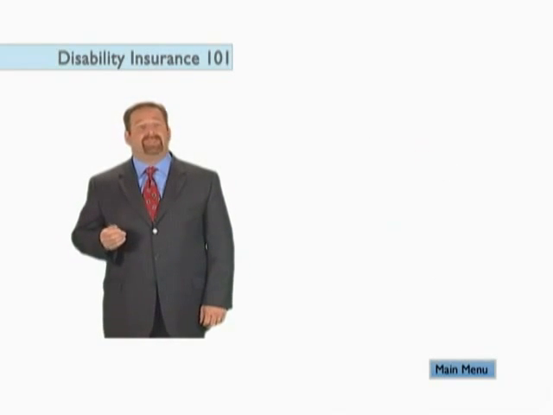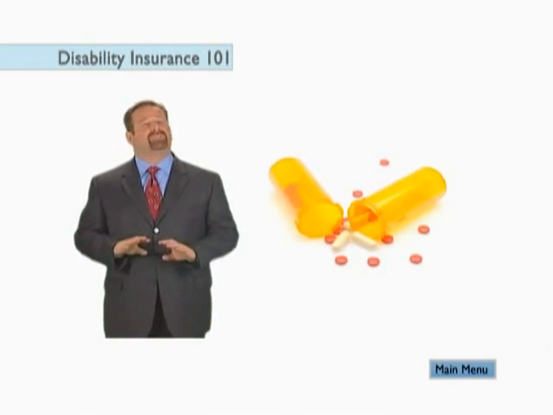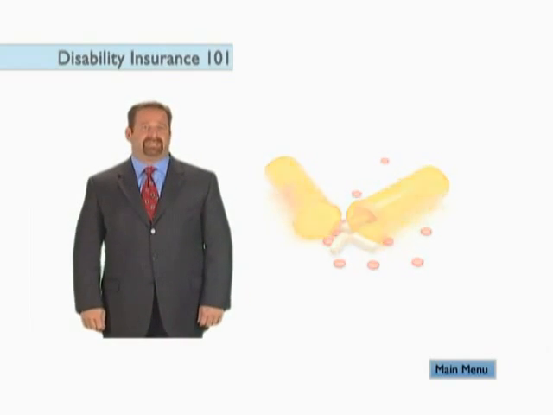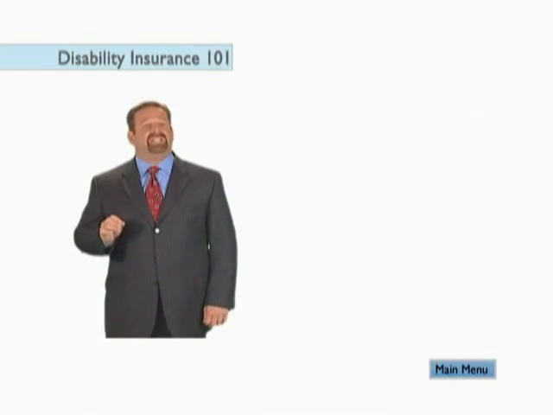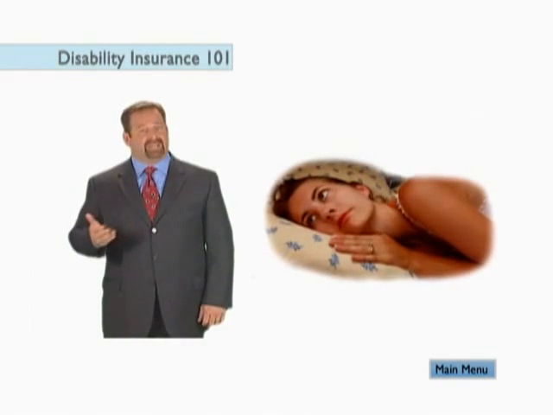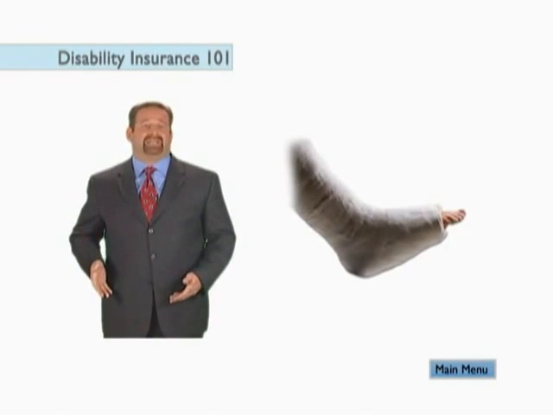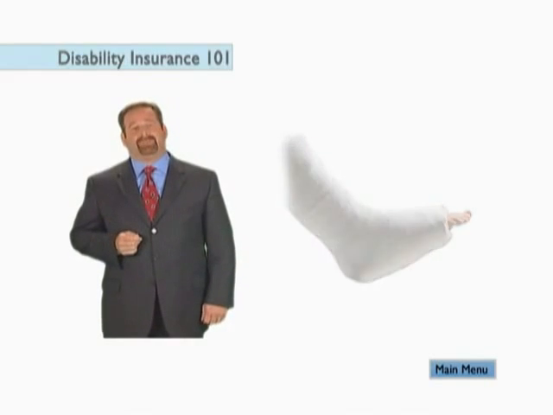Alternatively, disabled people may be taking medication, like painkillers, which render them completely unable to do their jobs. Sometimes a disability could even prevent somebody from sleeping well, so sleep deprivation could hinder your ability to do your job. The bottom line is that even simple disabilities like a broken leg could prevent you from doing your job.